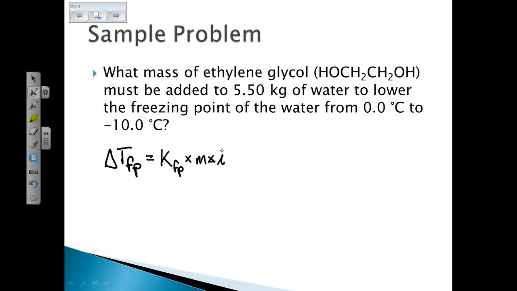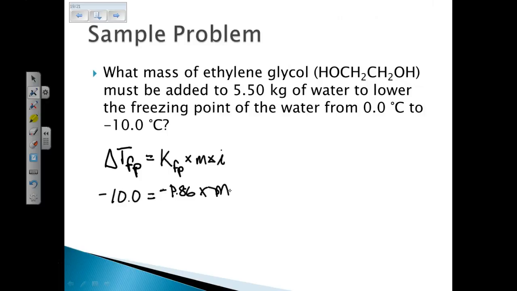Okay, so we have the change in freezing point. The change in freezing point is -10.0 degrees C. The freezing point constant for water, I'm looking it up, you'd have to be given that sort of thing, is -1.86 times the molality, which we don't have.